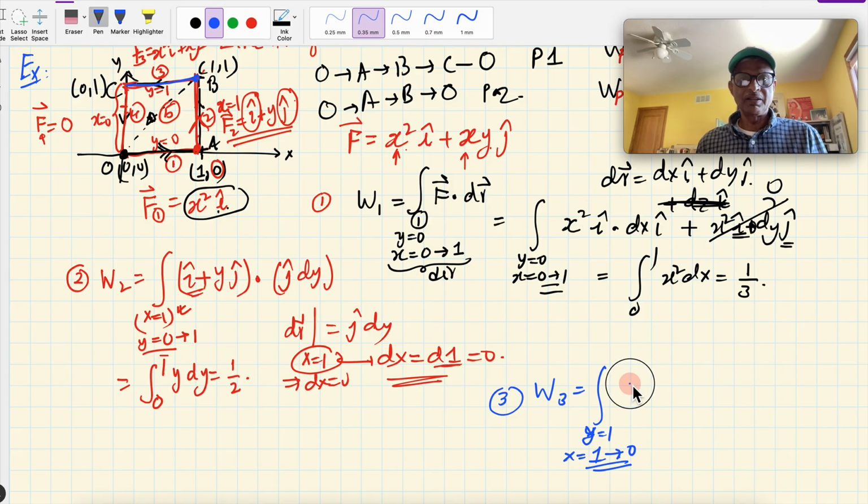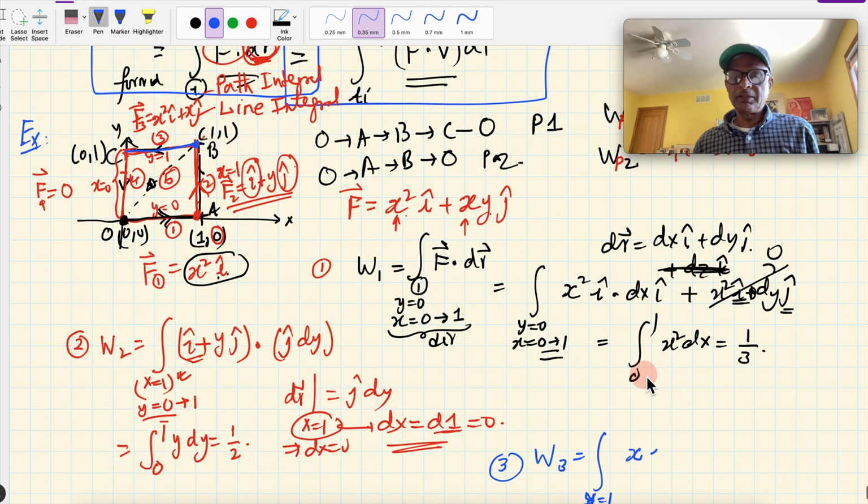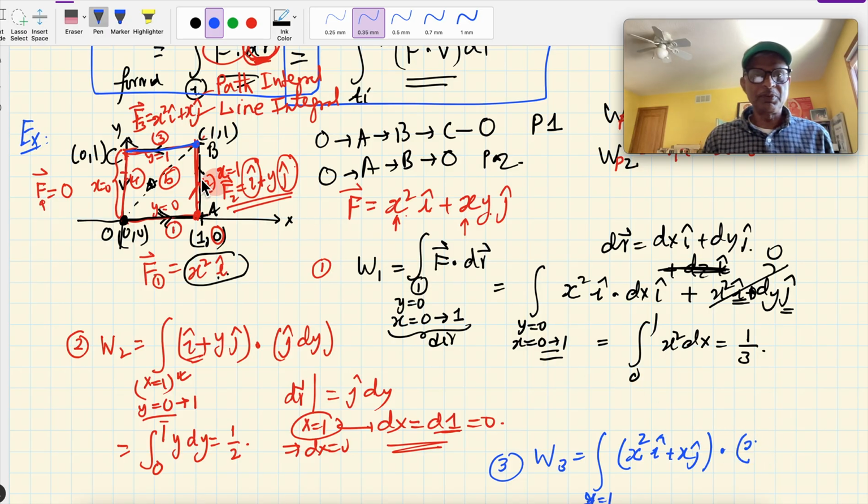The force is x square i hat plus x j hat, dotted with dr, and over here y is not changing, so just i hat times dx.